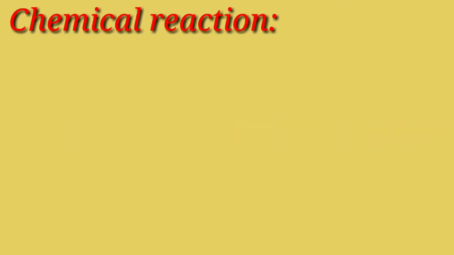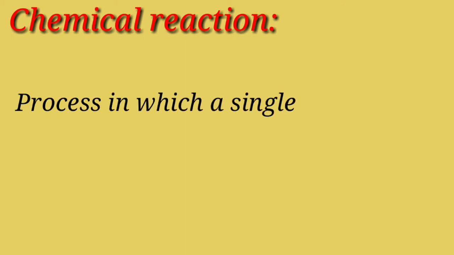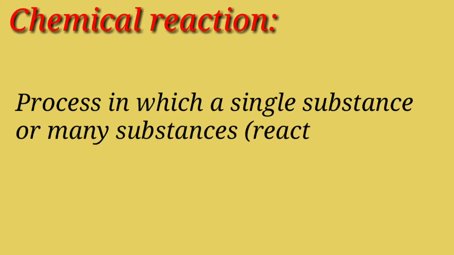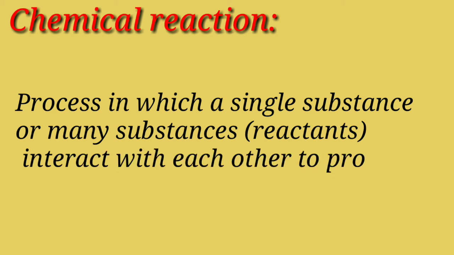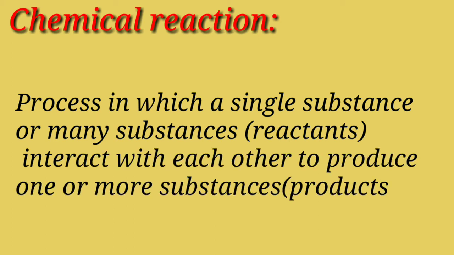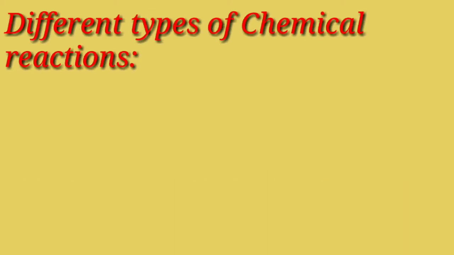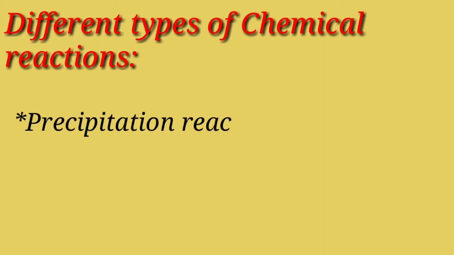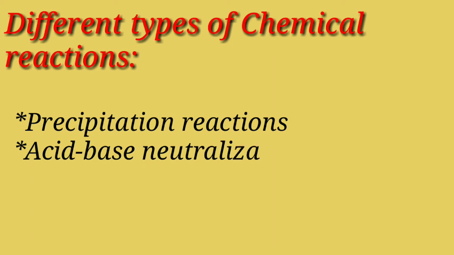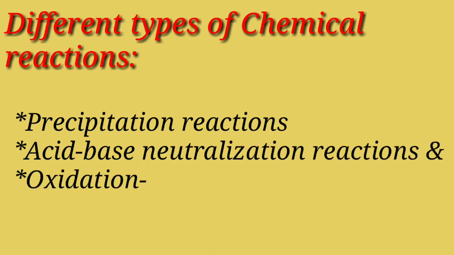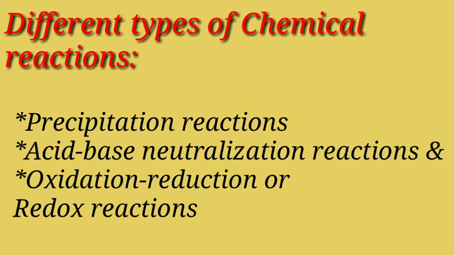Students, we know that chemical reaction is a process in which a single substance or many substances called as reactants interact with each other to produce one or more substances, that is products. And the different types of chemical reactions are precipitation reactions, acid-base neutralization reactions, and oxidation reduction or redox reactions.